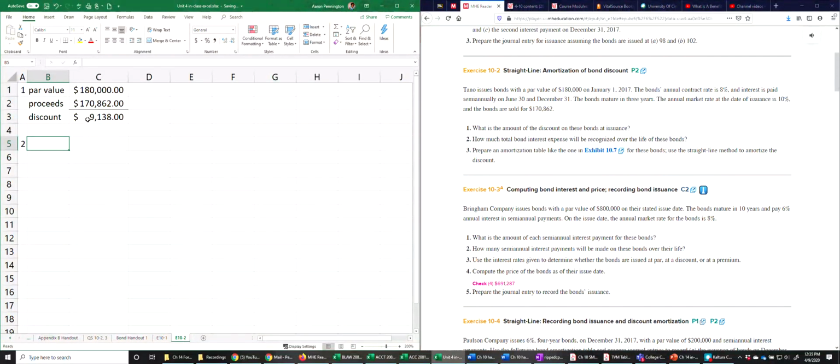How much total bond interest expense will be recognized over the life of these bonds? All right. So there are two components to that. The first piece is, what is the semi-annual interest payment, which we haven't computed yet, so let's do that. Face amount, contract rate, (6/12) since they're semi-annual.